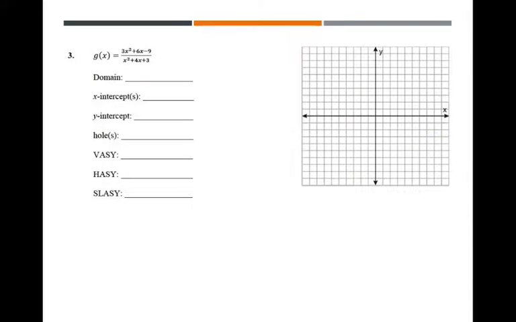All right, number 3, I'm going to go ahead and start by factoring again. I do notice right away that in my numerator, they're all divisible by 3. So I'm going to go ahead and factor out the 3 first. And then I can just continue to factor. So this is going to leave me with 3. Two numbers that multiply to -3 and add to 2 are +3 and -1.